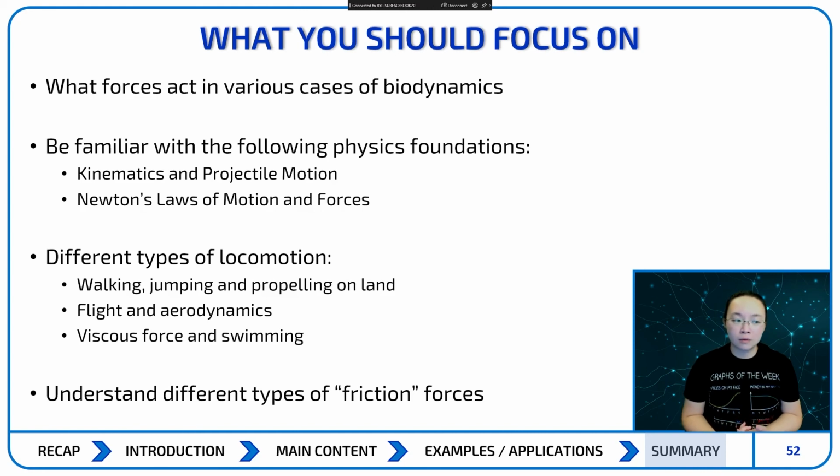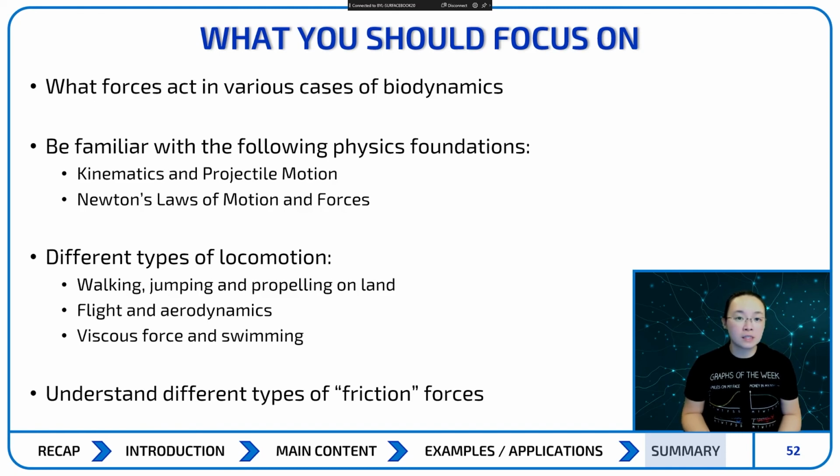You'll have to know in some detail the different types of locomotion that we covered: walking, jumping, and propelling. Do know some of the biology and some of the methods of those motions as well. Do know about flight and aerodynamics, as well as viscous force and swimming. In flight and also in swimming, there were different types of lift and different types of drag.